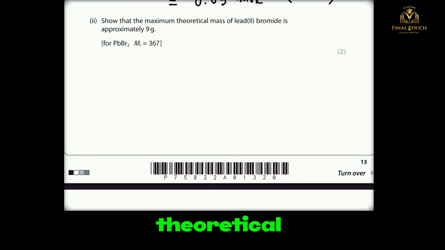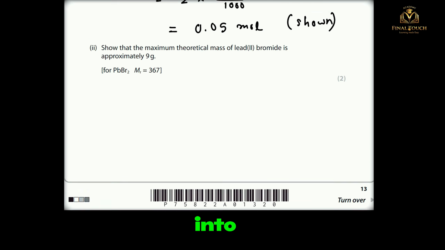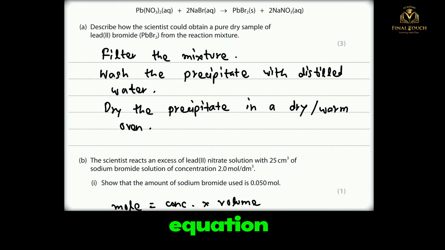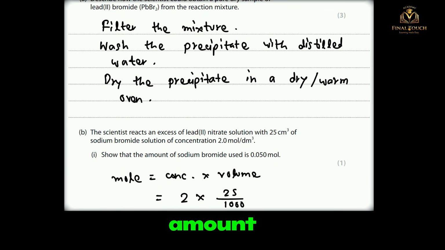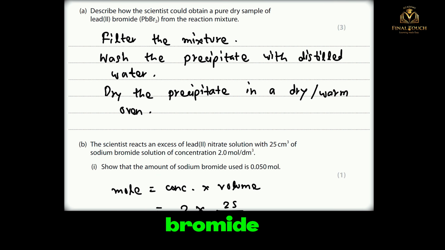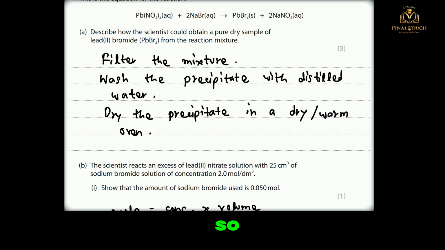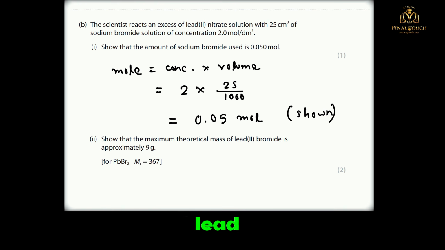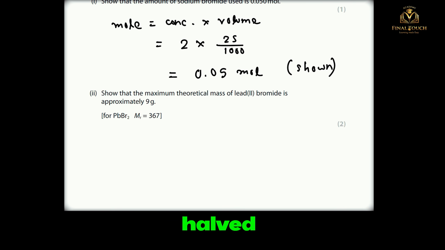Show that the maximum theoretical mass of lead(II) bromide is approximately 9 grams. So if we move into the equation, we calculated the moles of sodium bromide. If it has 0.05 mole, the moles of lead(II) bromide will be halved.